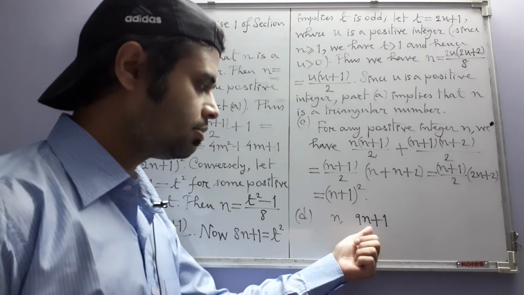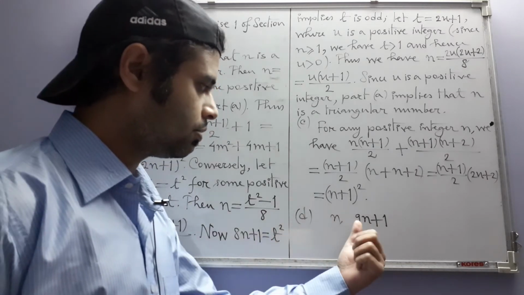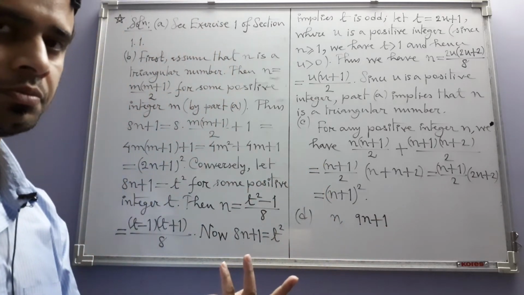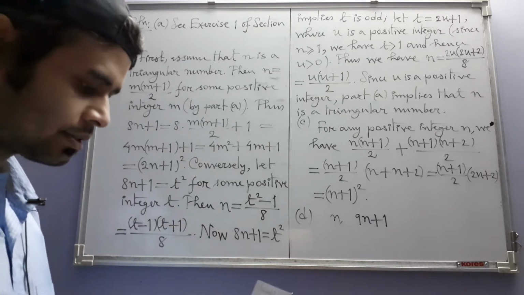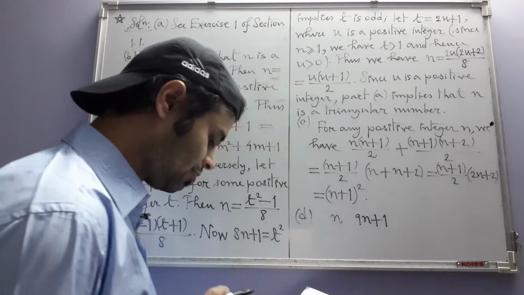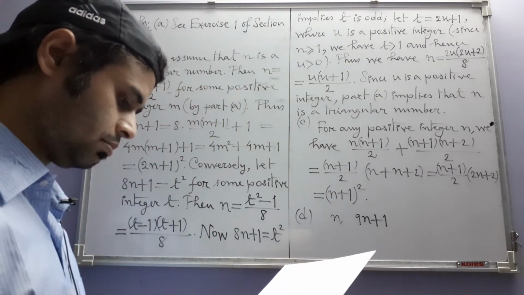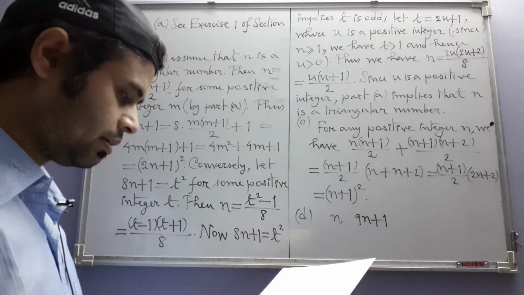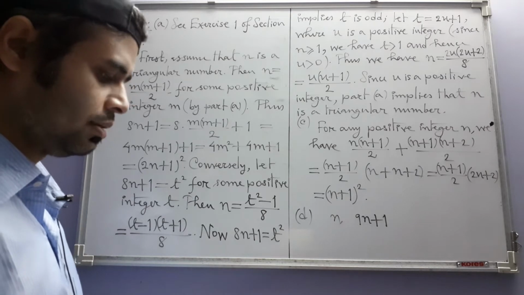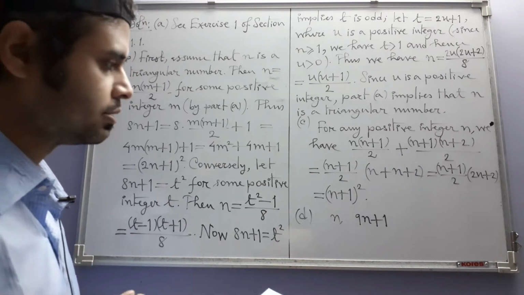You substitute that for n because n is a triangular number, and then you show that 9n plus 1 also has that form. But as the numbers grow in complexity, 9n plus 1 is okay. After that we have 25n plus 3, so it becomes somewhat a little cumbersome to do the calculations.